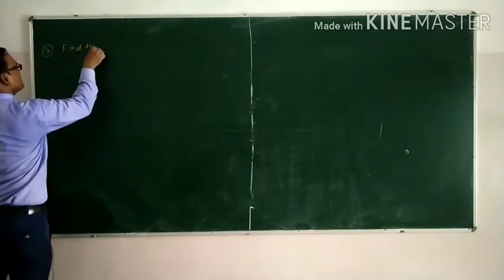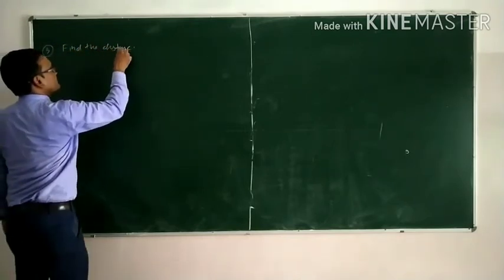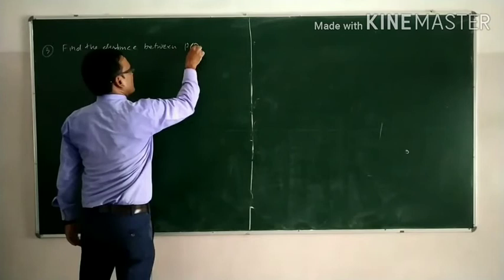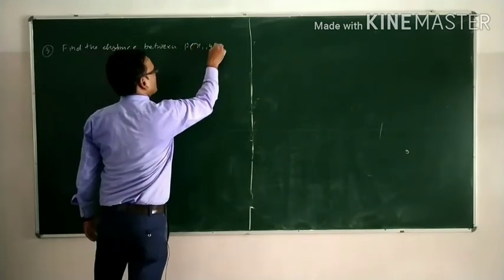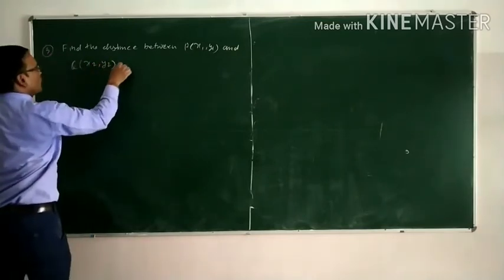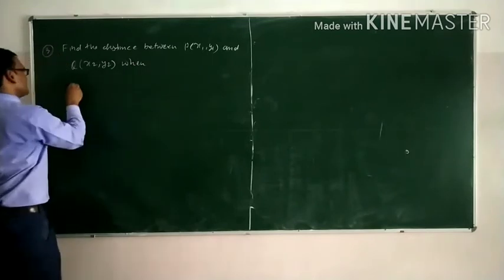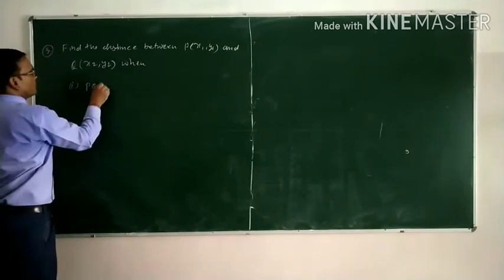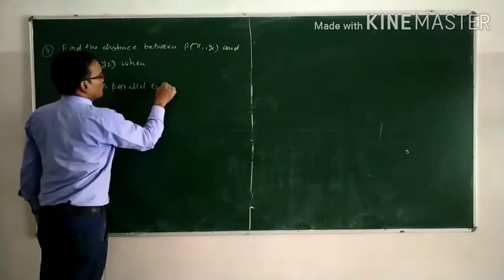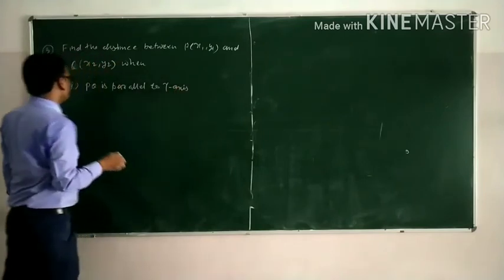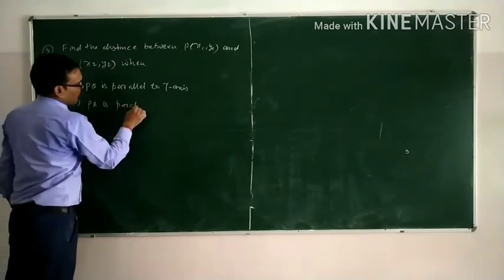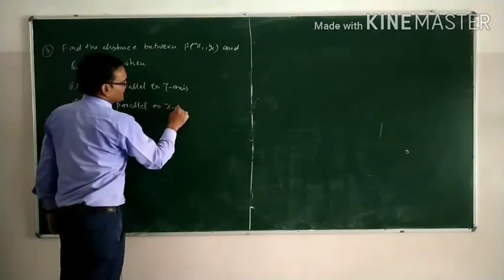Find the distance between P x1 comma y1 and Q x2 comma y2 when first, PQ is parallel to y axis, and second, PQ is parallel to x axis.